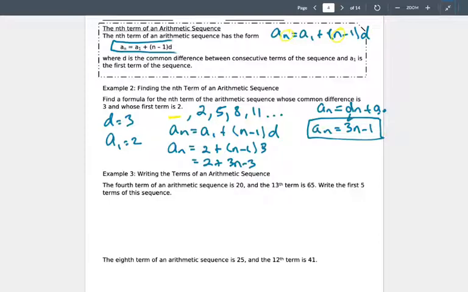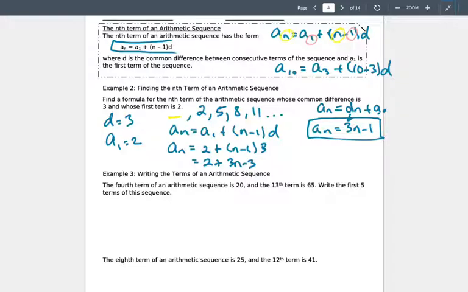Also notice this 1 right here matches this 1 right here. So we could do any combination of terms. Like if I have a sub 10, I've got the 10th term, and I've got the 3rd term, then I could do a sub 10 equals a sub 3 plus, in the parentheses though, instead of saying n minus 1, I can say 10 minus 3 with that common difference of d.